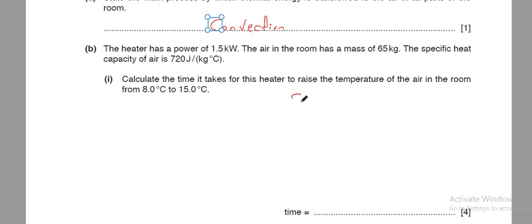So we know that heat is equal to mcΔT. m of air in room is 65, c is 720, ΔT is 7.